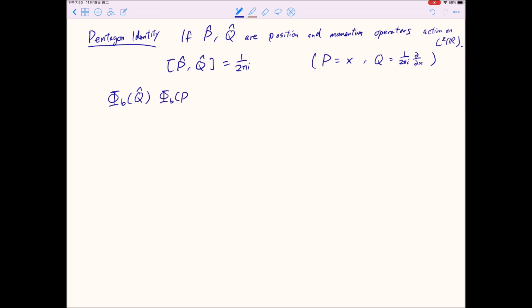The statement says that as unitary operators on your Hilbert space, the following identity holds.